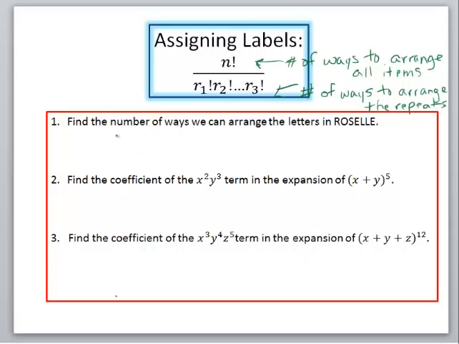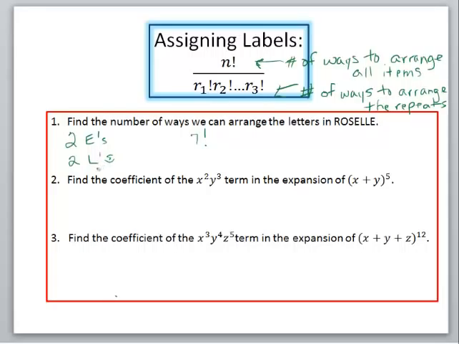So if I take a look at this first example, let's find the number of ways that we can arrange the letters in Roselle. In Roselle, there are 7 total letters. So that means there are 7 factorial ways that I can arrange all those letters. But there are 2 E's, and there are also 2 L's.